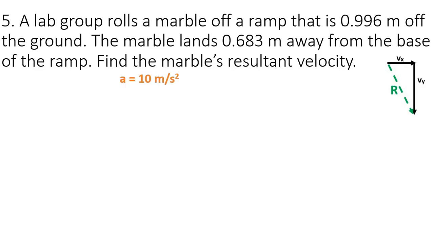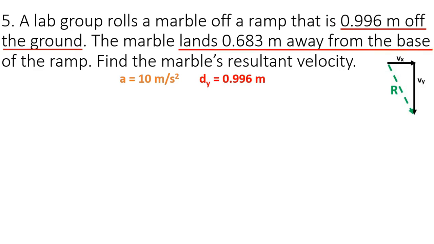So again, we have our built-in acceleration equals 10 meters per second squared. Our ramp is 0.996 meters off the ground, so that's our dy, our vertical displacement. The marble lands 0.683 meters away from the base.